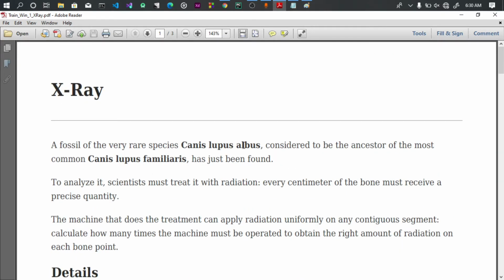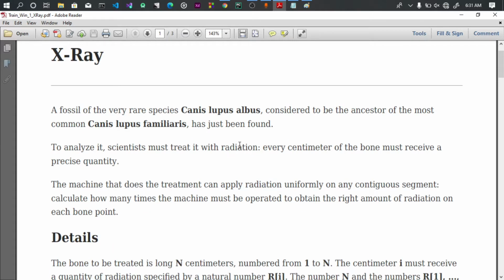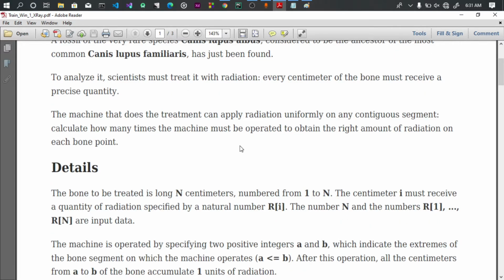A fossil of the very rare species Canis lupus albus, considered to be the ancestor of the most common Canis lupus familiaris, has just been found. To analyze it, scientists must treat it with radiation. Every centimeter of bone must receive a precise quantity. The machine that does this treatment can apply radiation uniformly on a contiguous segment. Calculate how many times the machine must be operated to obtain the right amount of radiation on each bone point.